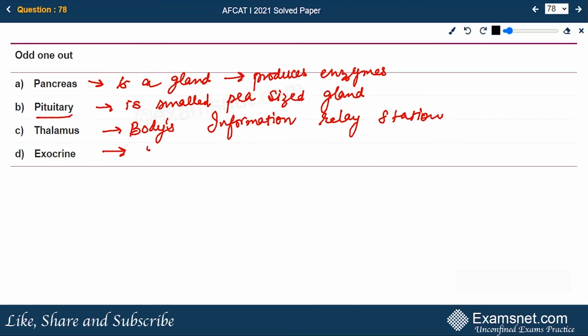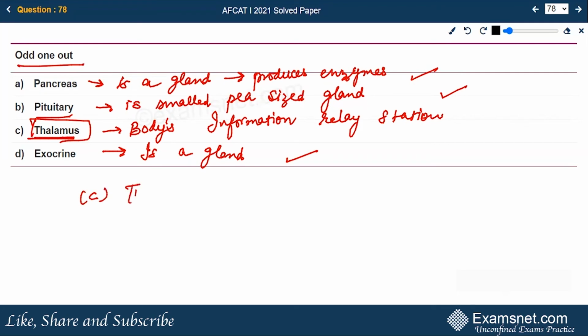It is a gland that produces sweat, tears, saliva, milk, and other digestive juices. So from all of this, you can see that except thalamus, all the rest are glands. Pancreas, pituitary, exocrine are all glands, whereas thalamus is not a gland. So what is the odd one out? C, thalamus is your answer.